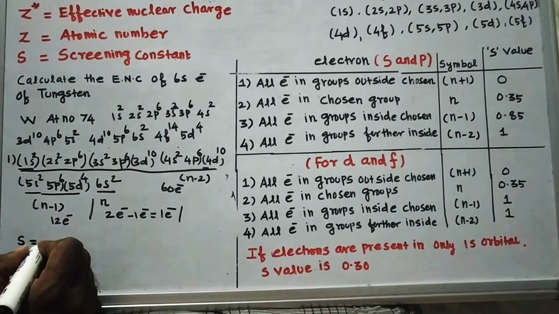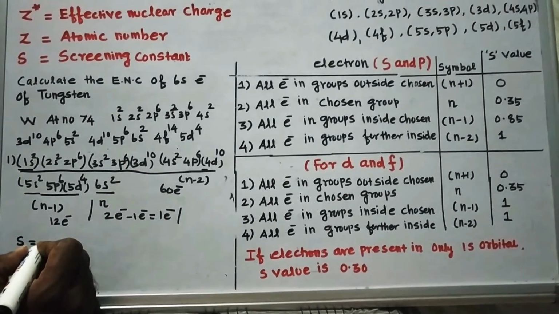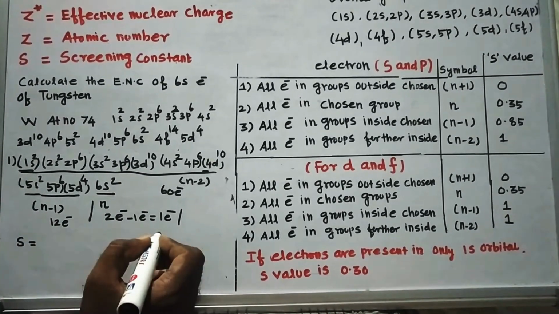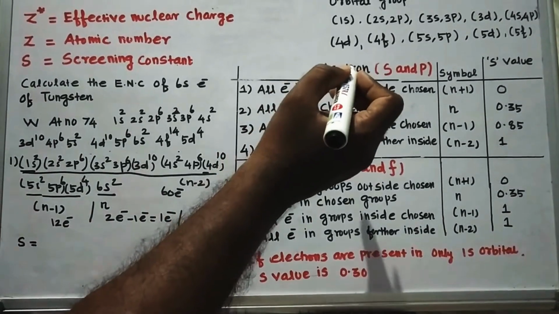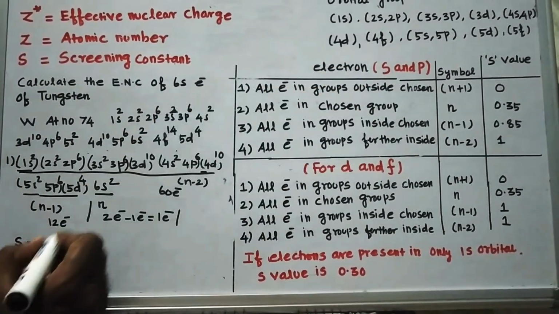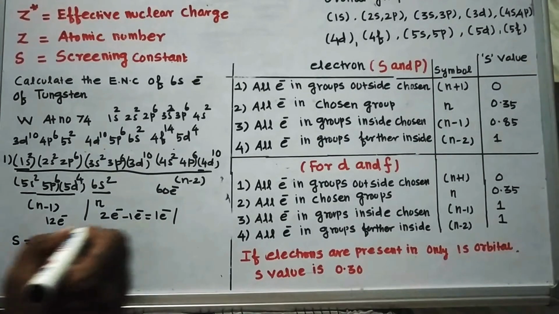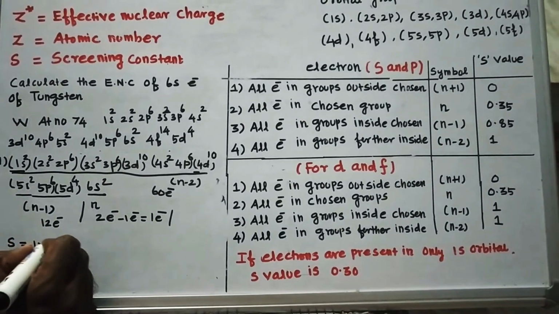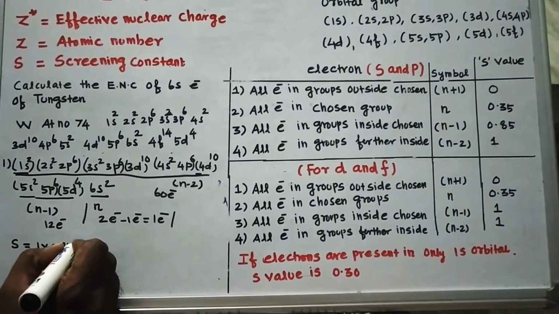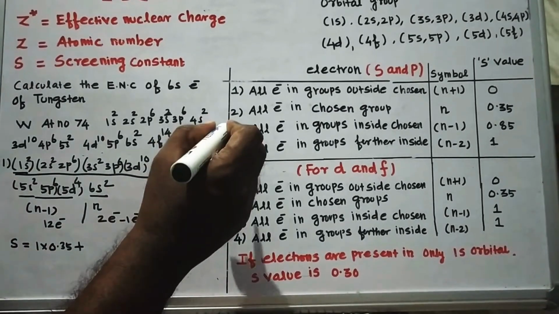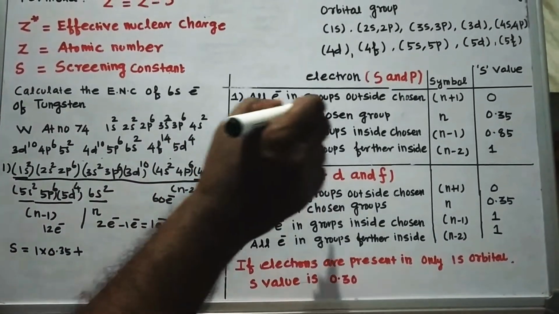Now we are going to calculate the screening constant value S. These are s and p orbitals. Therefore, for the chosen shell, only 1 electron, 1 into 0.35, plus all electrons in the groups inside the chosen one.